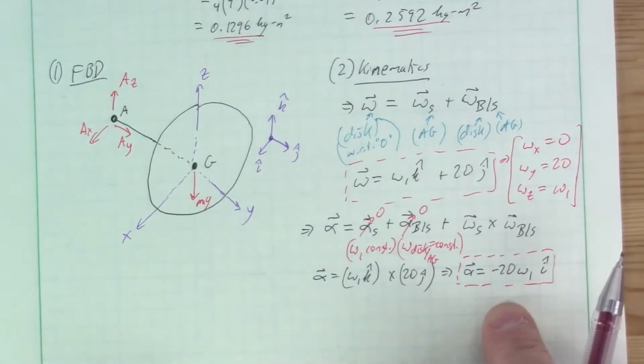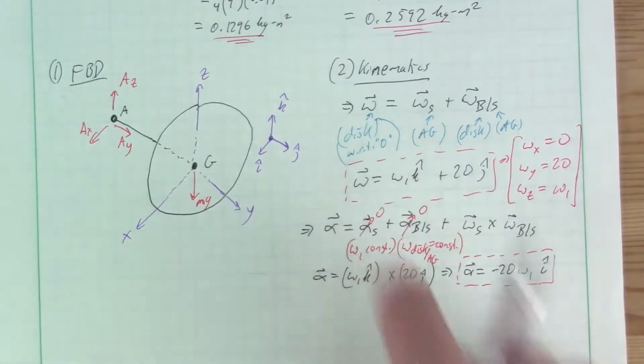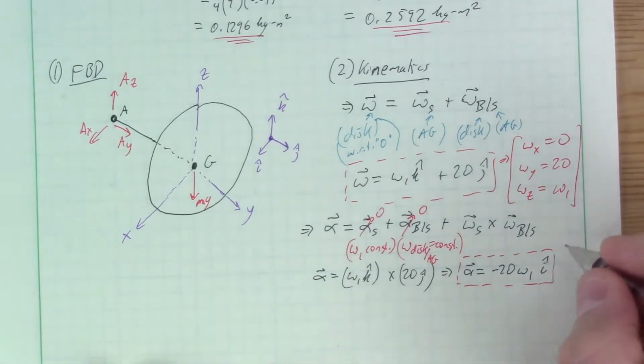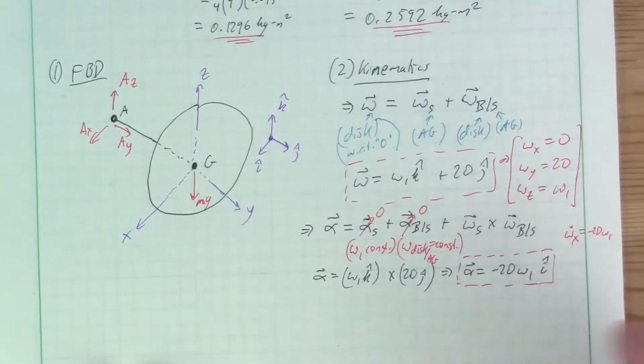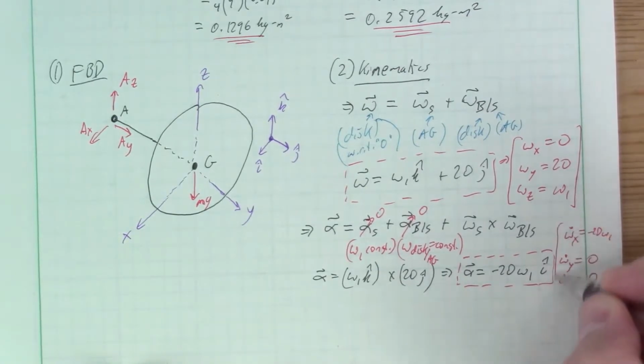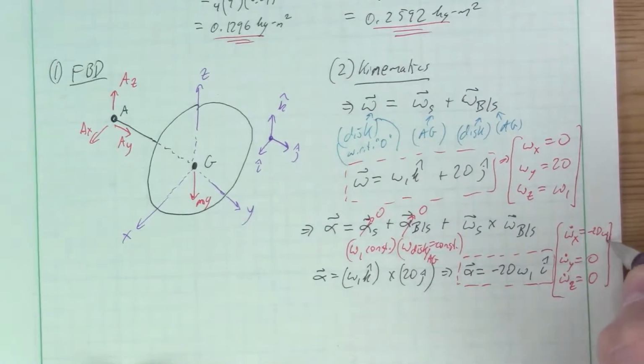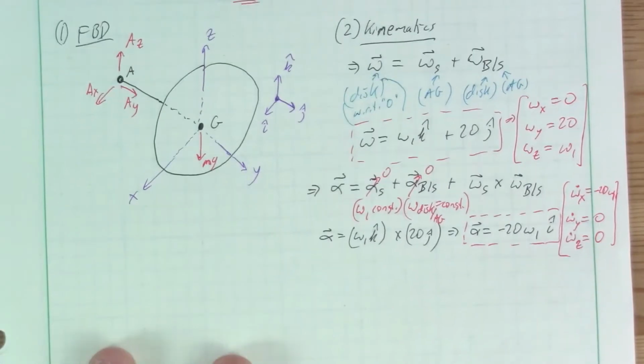Okay, those are the time derivatives of the absolute angular velocity. So when we get there, we know that omega dot x is minus 20 omega 1. Okay, omega dot y is 0. It has no j hat component, and omega dot z is also 0. There is no k hat component here. Minus 20 omega 1 is the omega x dot.